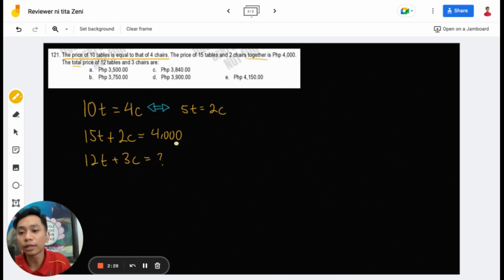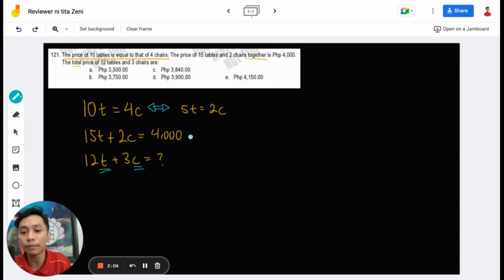Mas madali natin itong magagamit kasi mas maliliit yung numbers. Now, let's move on dun sa second equation. And this is going to play a very vital role. Ang goal naman dito sa pangalawa ay malaman na anong value nung T at anong value nung C. Essentially, magkano yung isang table, magkano yung isang chair. Kasi kung alam natin yon, we can solve this. Paano natin malalaman yung value ng table and chair? Gamitin natin itong pangalawang equation.